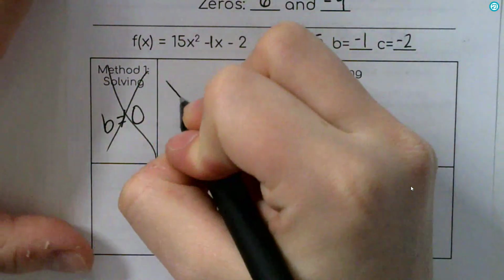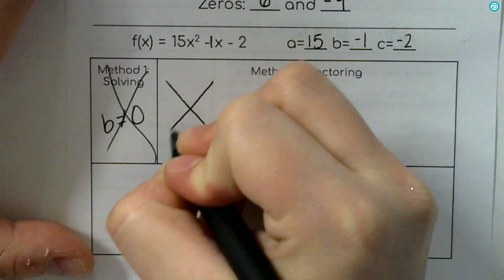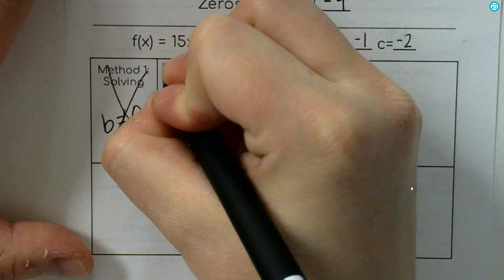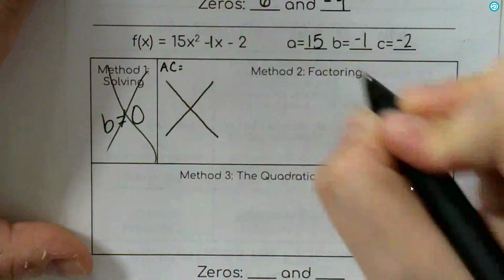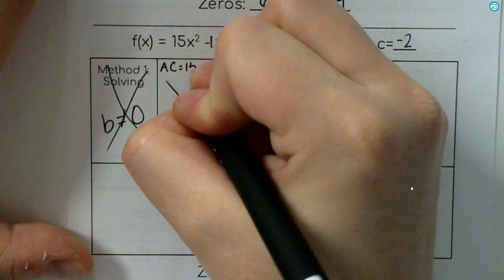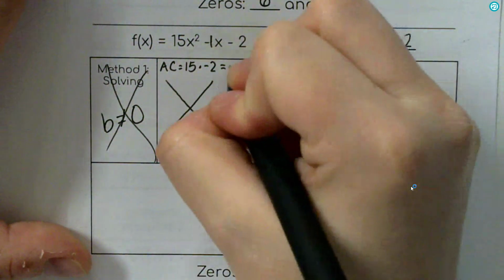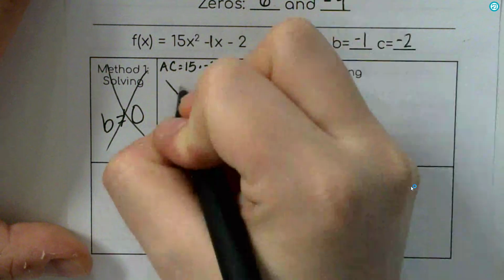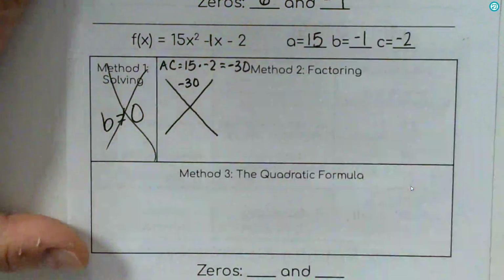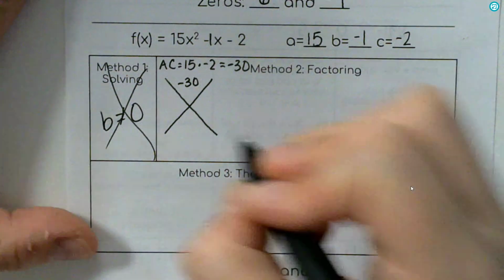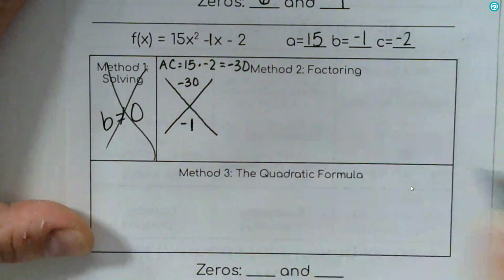So we need to find two numbers that multiply together to be AC. So AC is 15 times negative 2, which is negative 30. So we are looking for numbers that multiply to negative 30, and they need to add to negative 1.